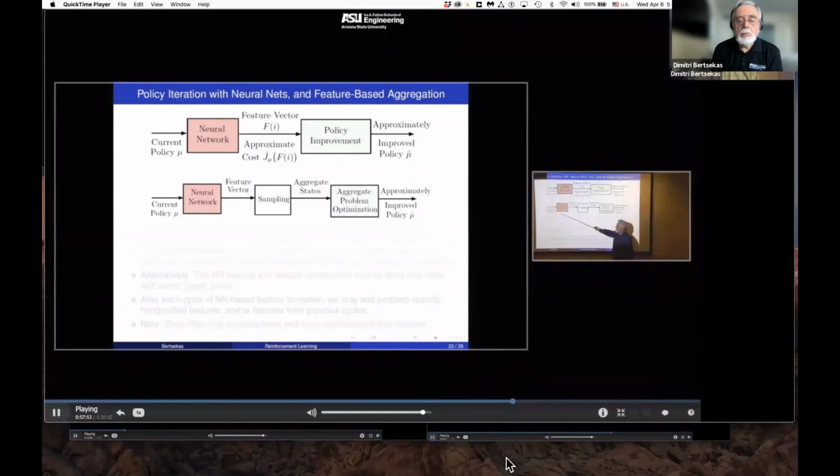From the current policy, I have the neural network producing a feature vector, but instead of using this feature vector to obtain an approximate cost function, I sample this feature vector for representative values, for representative features. And I obtain an aggregation framework which I can solve to obtain a new policy from the aggregation problem. This is going to be different than that and potentially more powerful.